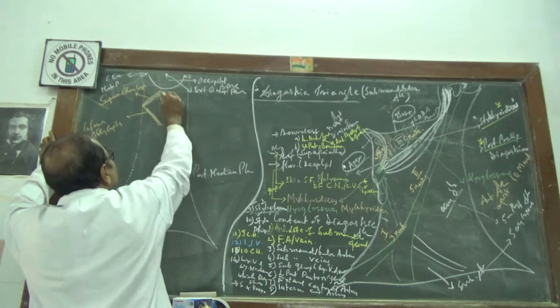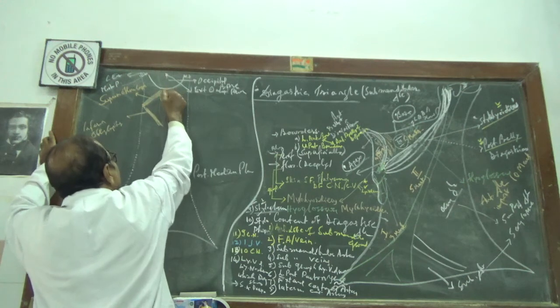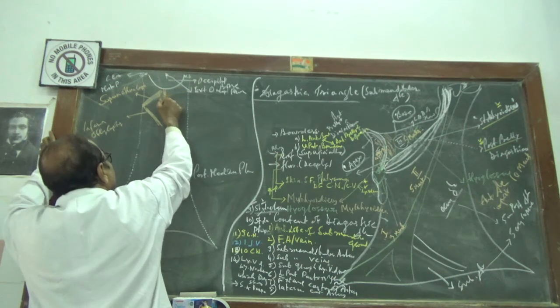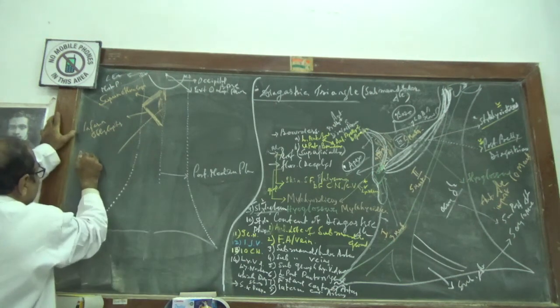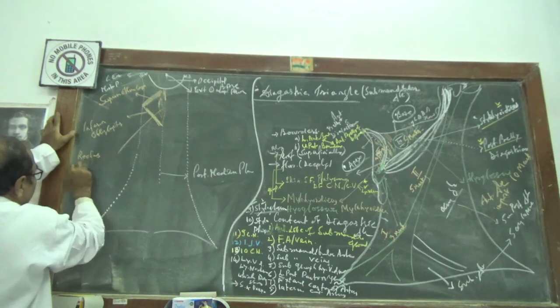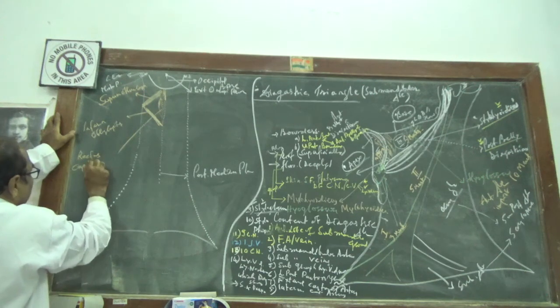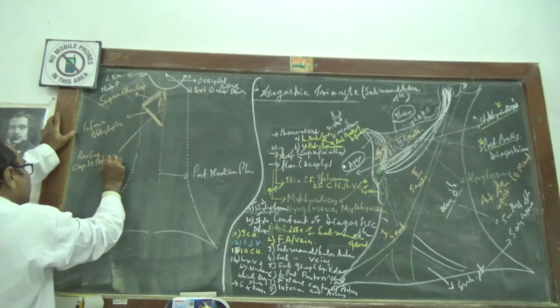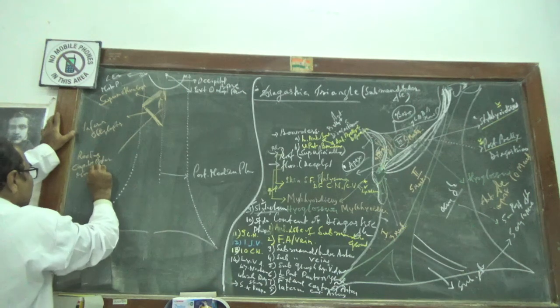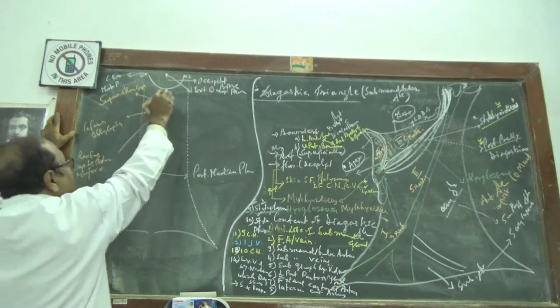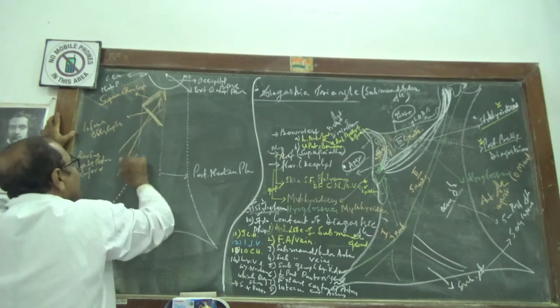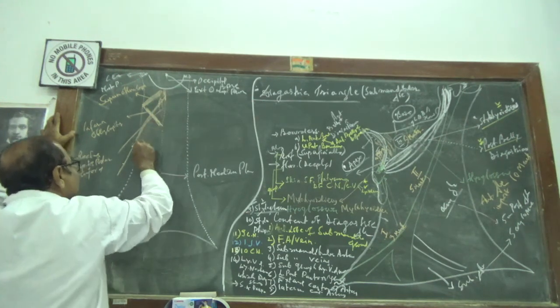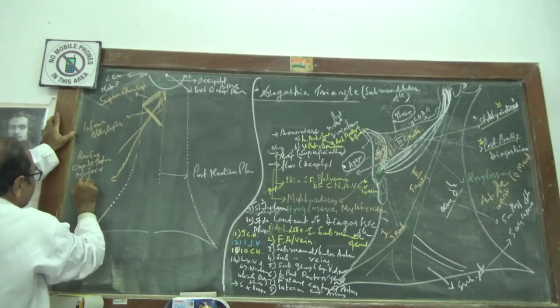This is one, and you have this. So this muscle is rectus capitis posterior major, and this one is minor.